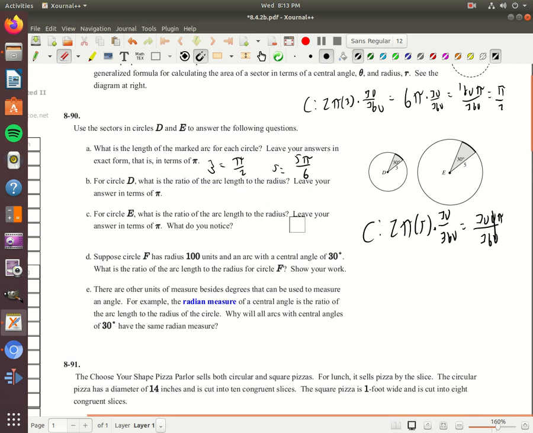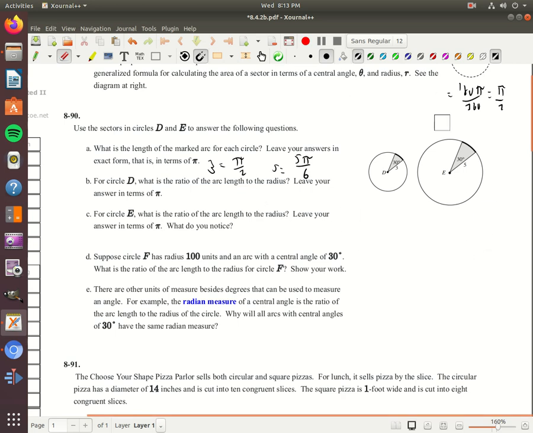Okay, so we can get rid of all this and make ourselves a little bit of space. Now it's saying for circle D, what's the ratio of the arc length, which is pi over 2, to the radius?